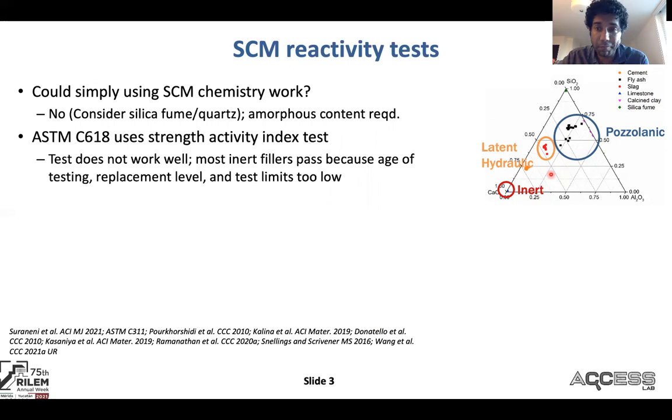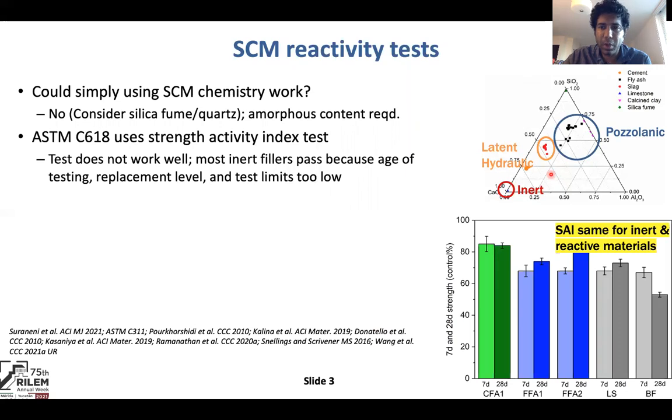This is unfortunately a pretty terrible test. It's really not measuring anything to do with reactivity. It's really measuring a filler effect because the age of testing is very early and the replacement level and the test limits are simply too low. Here is some data which shows there are some very minor differences between reactive and inert materials, but it's really not great.